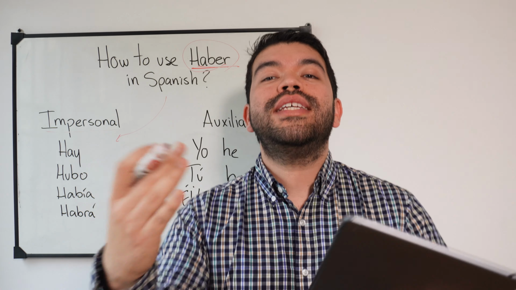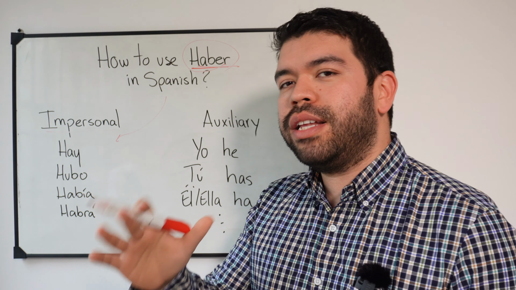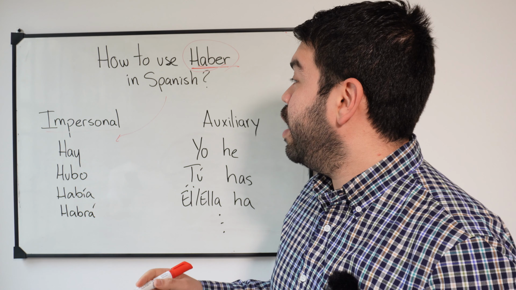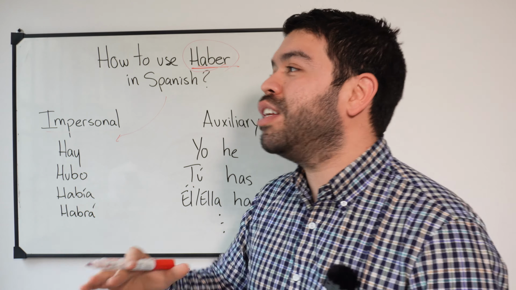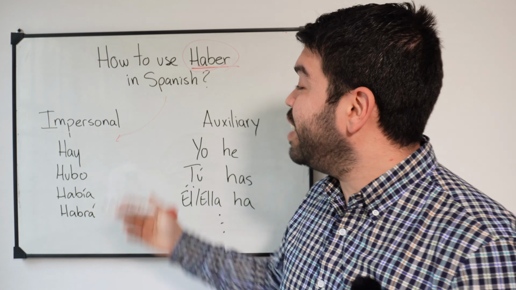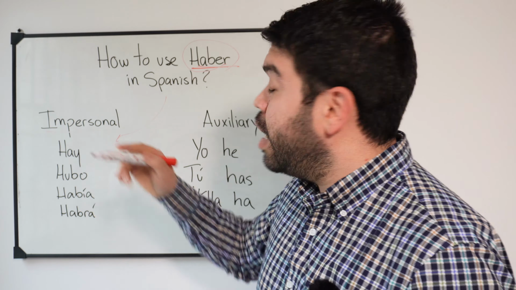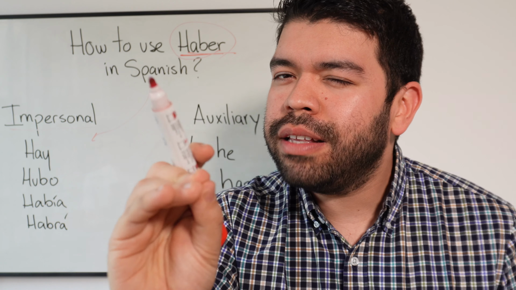But what does it mean as an impersonal verb? Basically, we can relate it with the expression there is and there are in English, right? It demonstrates existence or the lack of it. So, again, what does it mean to be impersonal?